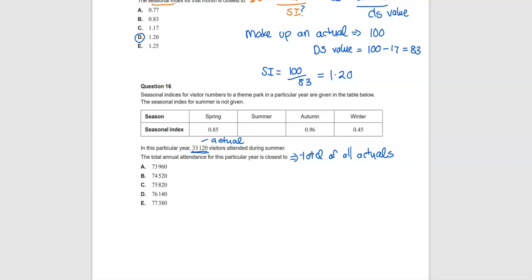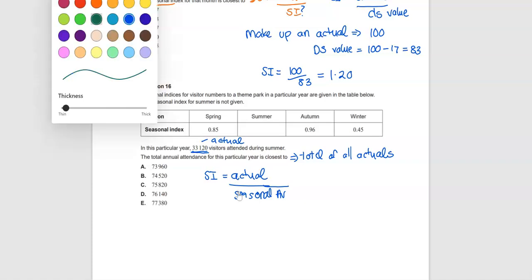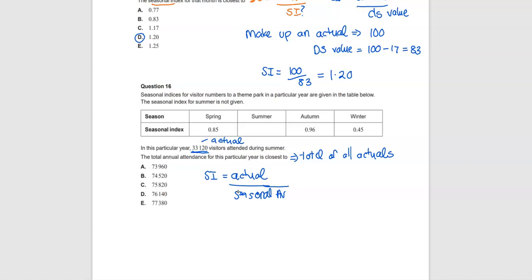If you look at your formula for seasonal index, it is actual divided by the seasonal average. So if you were finding the seasonal index, that's how you do it: you take the actual and divide it by the seasonal average.